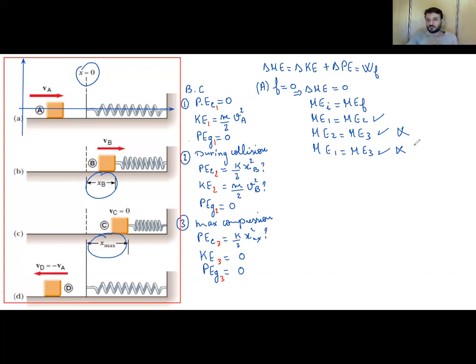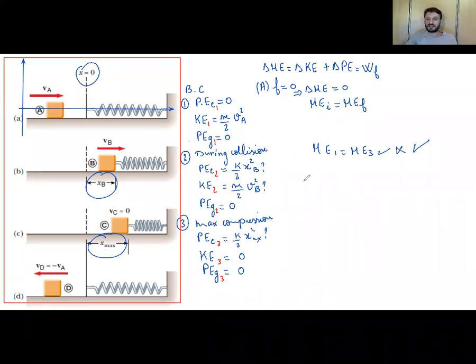For 1 and 3, in the first state we don't have any unknown: we have VA and m, and for the third we have only one unknown, x maximum. So we have to take this relation between 1 and 3.